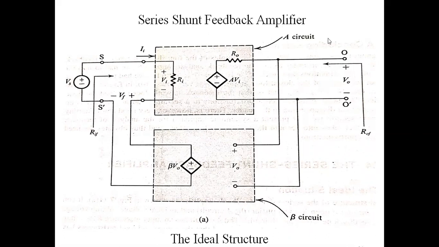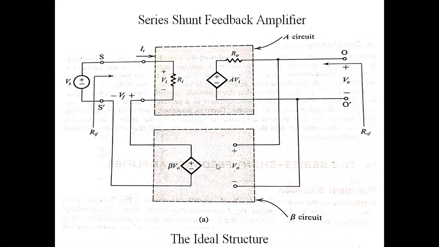That type of amplifier is known as a series shunt feedback amplifier. And this beta circuit is an ideal voltage sampling feedback network.